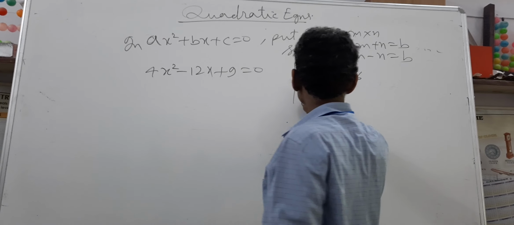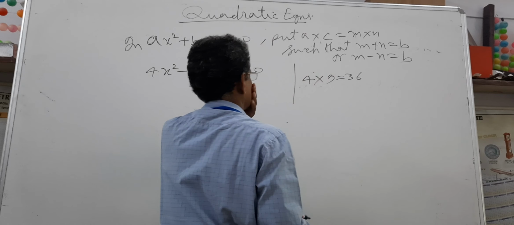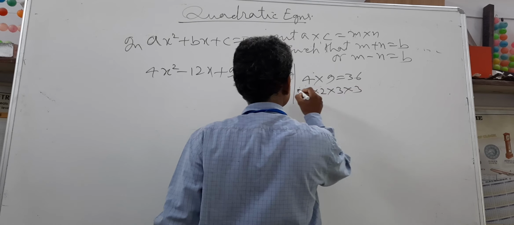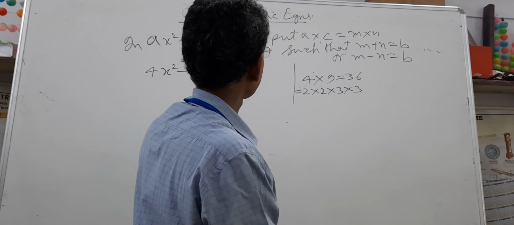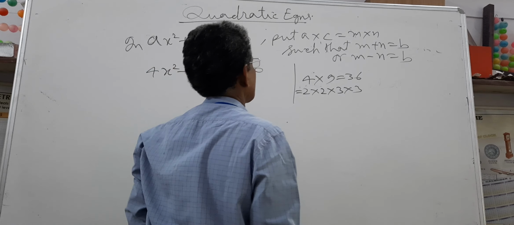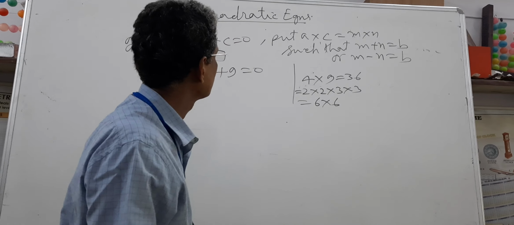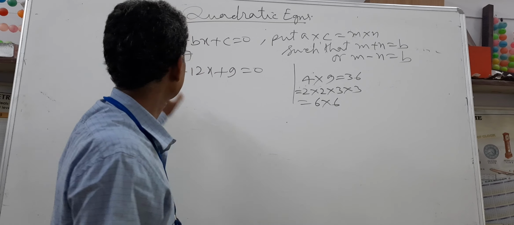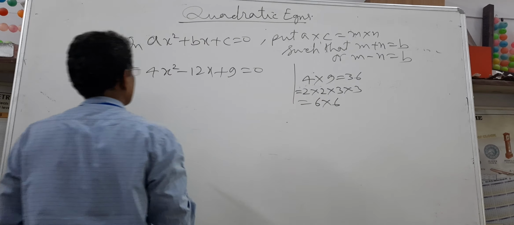So put this in the form 2 into 2 into 3 into 3, which is equal to 6 into 6. Now 6 plus 6 becomes 12. Ignore the minus sign. So this can be taken.